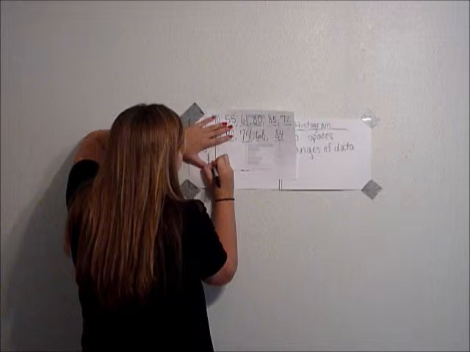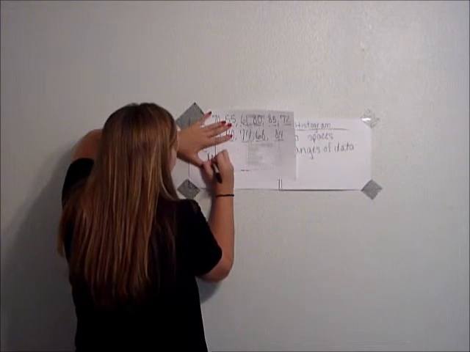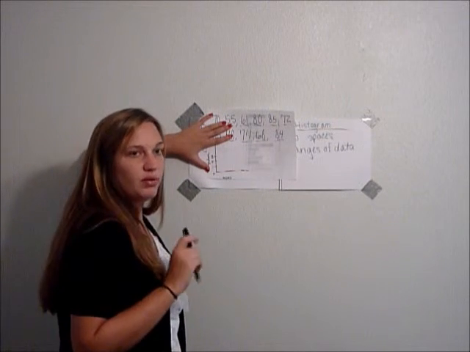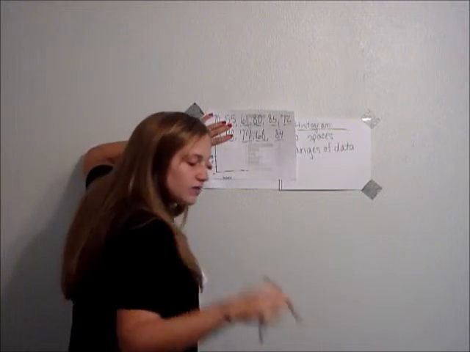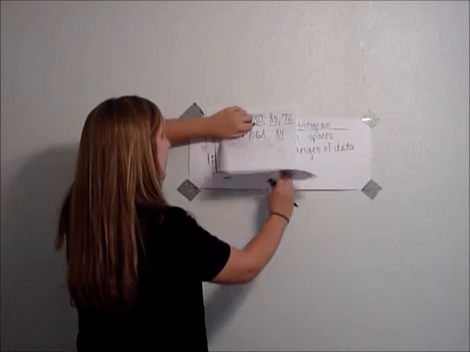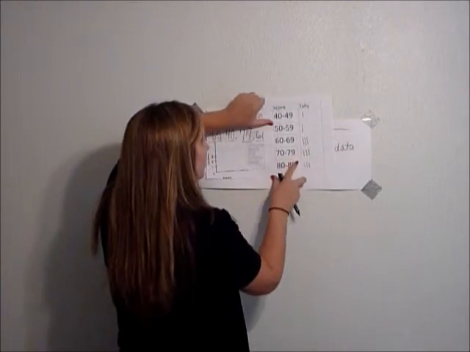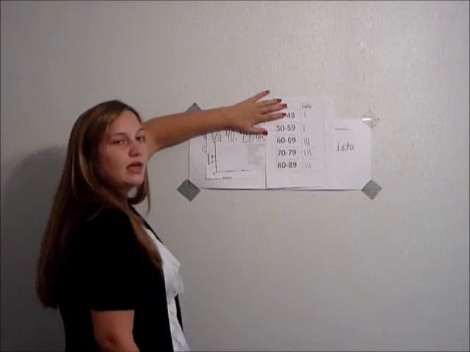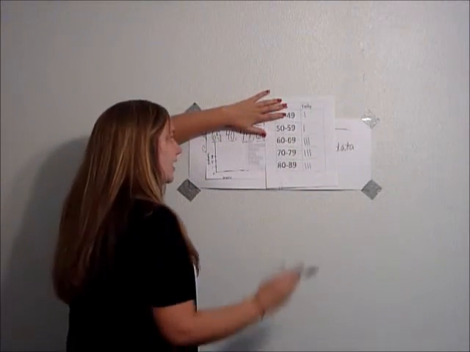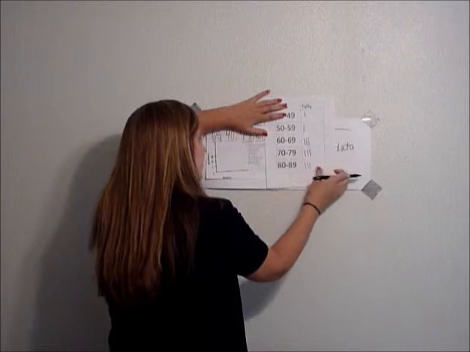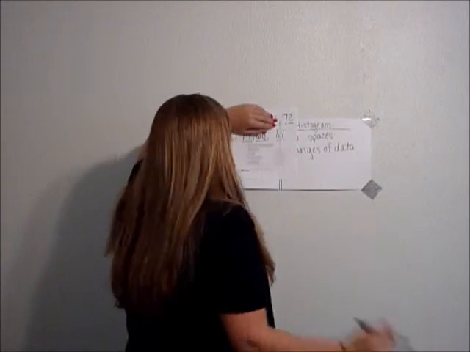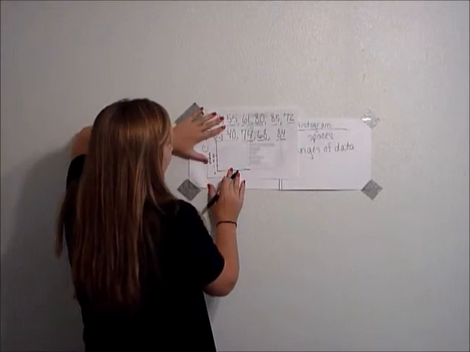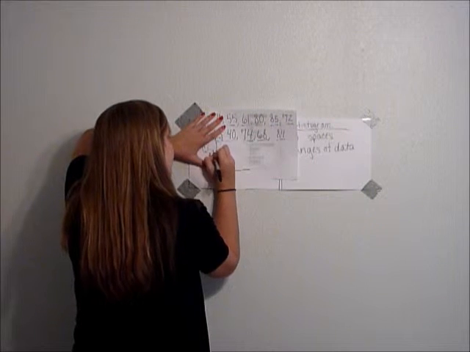So 1, 2, 3. Can anyone tell me how far we need to go up? Well, to figure that out, we figure out what is our highest number of tally marks. So can anyone tell me what the highest number of tally marks is? Correct, it is 3 in all 3 of these cases. So we only need to go up to 3 on our Y-axis, or you could go up to 4 just to be safe.